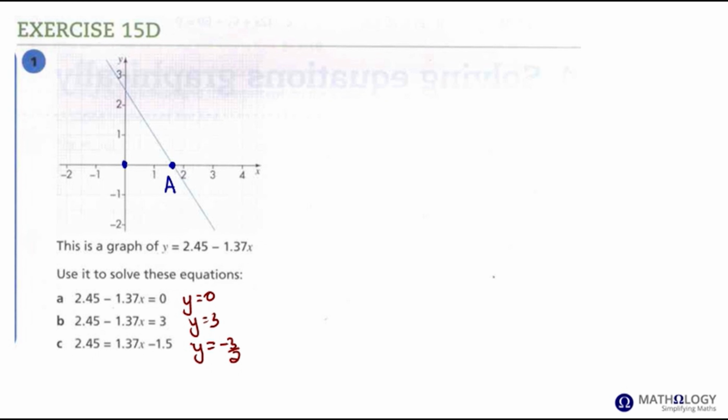So for the first one, where y equals 0, we move across to the function and read off the x value. That'll be at A. Where y equals 3, we're going to move across to the function at this point here, drop a perpendicular, and read off the x value there. We'll call that point B. And then when y is minus 1.5, minus 1.5 is here.